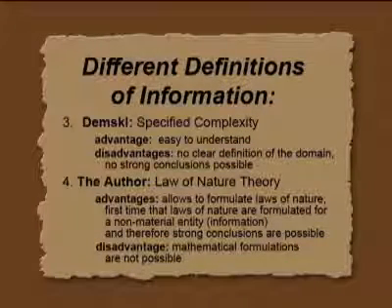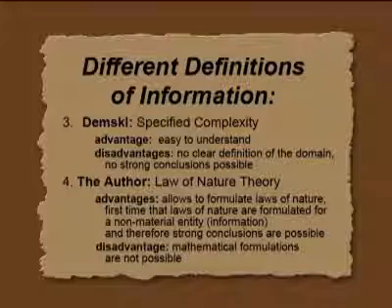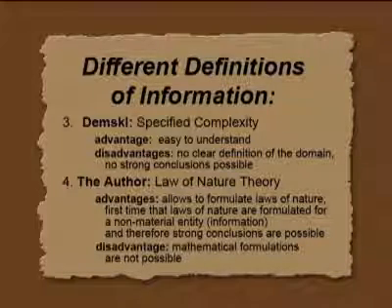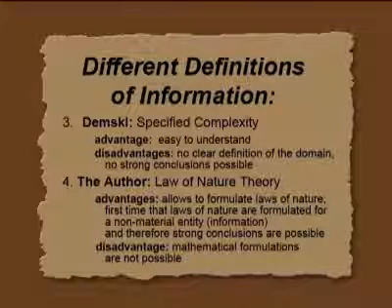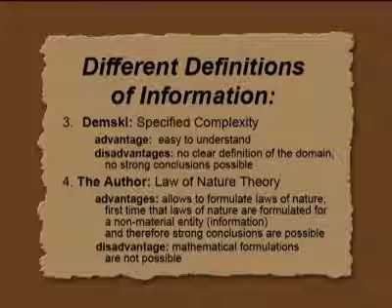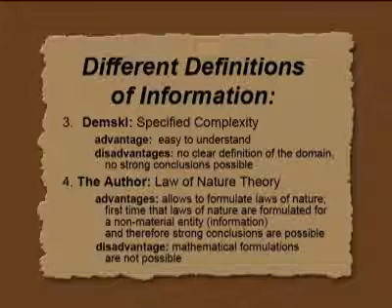The advantages of the law of nature information theory are that it allows us to formulate laws of nature. It is the first time that laws of nature are formulated for a non-material entity, and therefore strong conclusions are possible. The disadvantage is no mathematical formulation.